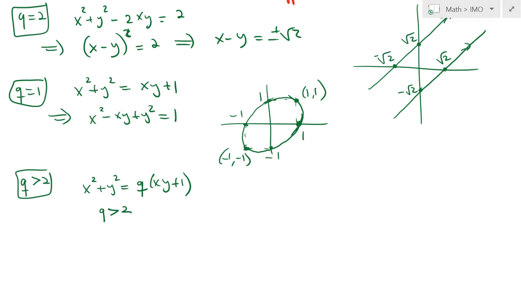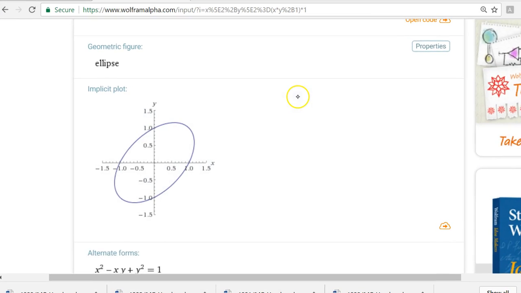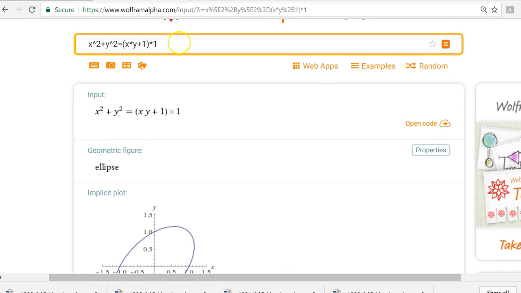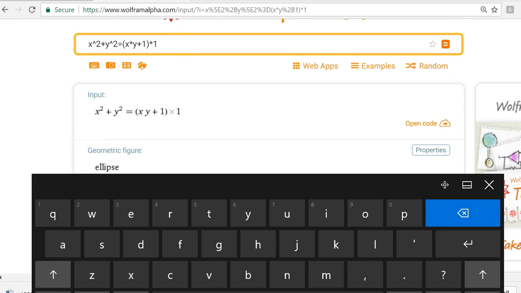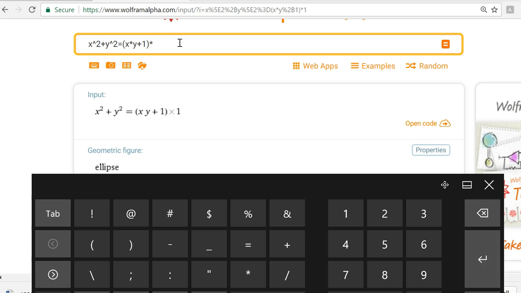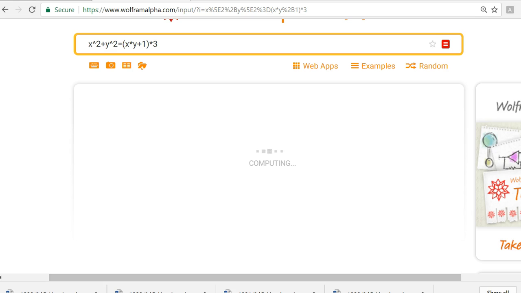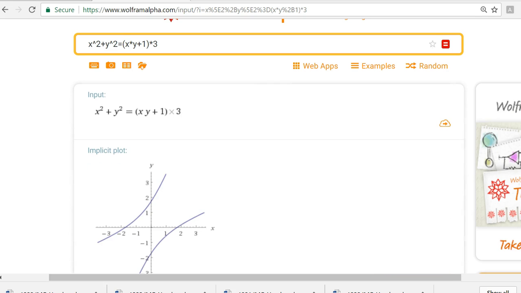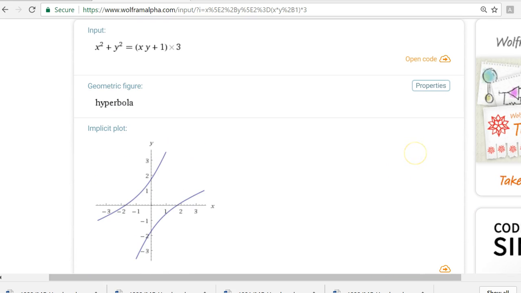So let's test it on Wolfram Alpha. Let me replace the 1 with, say, the number 3, and when you hit enter, it starts the computation, and boom, we have the shape here.